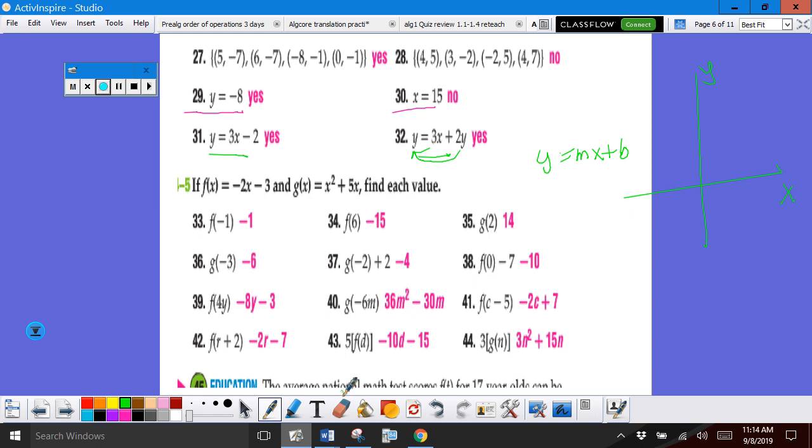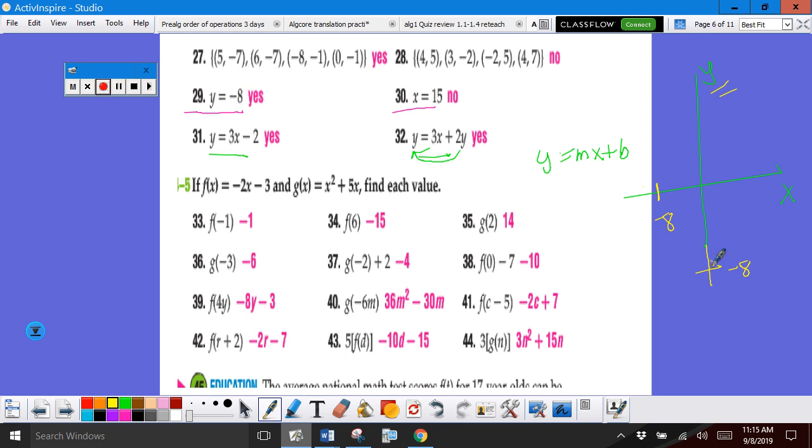So if I take a look at number 29, I'm going to go ahead and draw this line in yellow. So y equals -8. -8 is over here on the y-axis. So here's the issue. It says y equals -8.